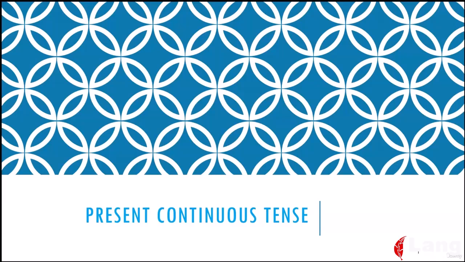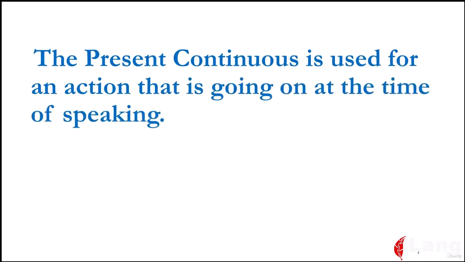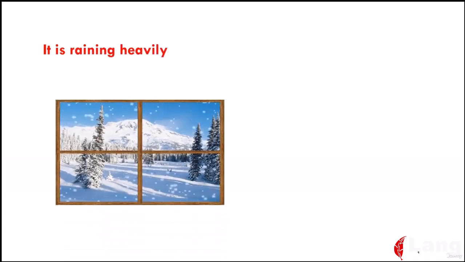In this lesson, we will discuss what is present continuous tense. The present continuous tense is used for an action that is going on at the time of speaking. Examples: it is raining heavily outside.